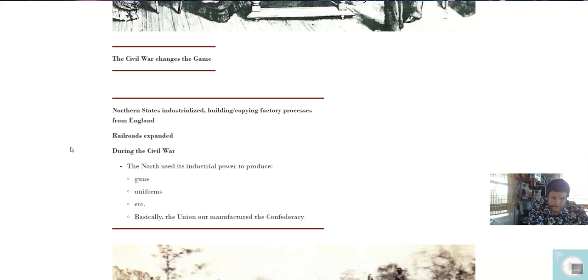Guns, uniforms, railroads, etc. Private industries gained tremendous power and profits up north. Vanderbilt is a good example, and his railroad and naval empire started off with shipping, then went into railroads. We'll talk about him later in the class. But these kind of things will shape post-war America.